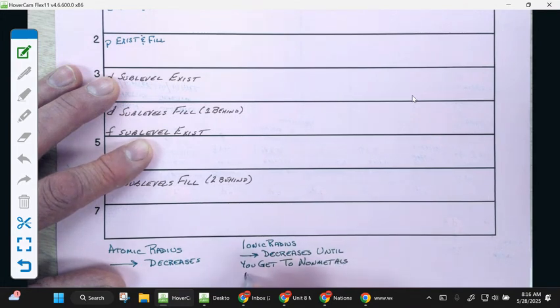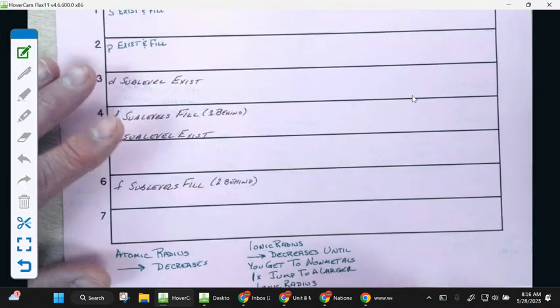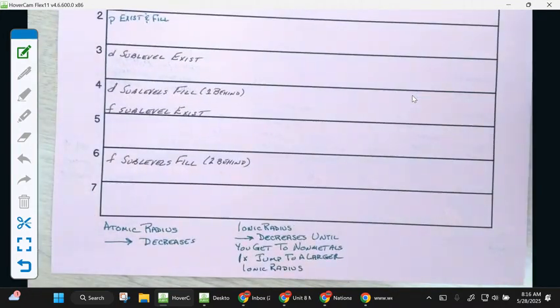Then there will be a one-time jump to a larger ionic radius. Okay?